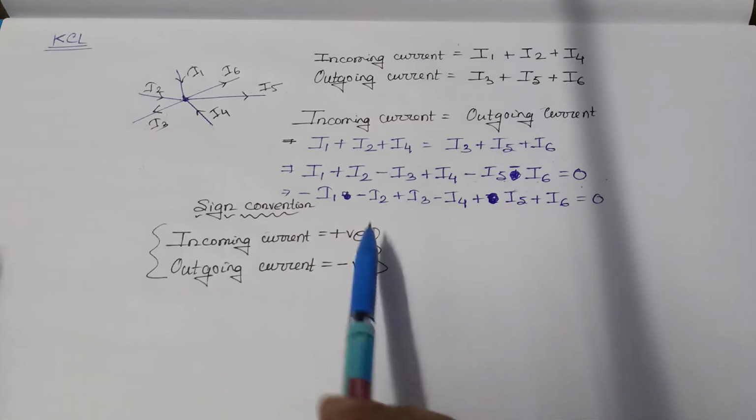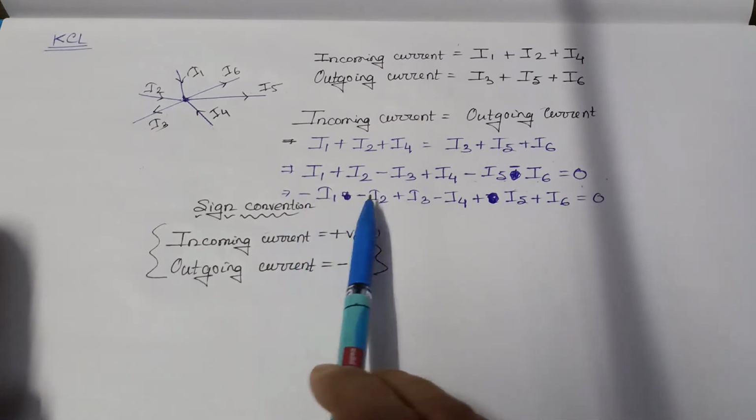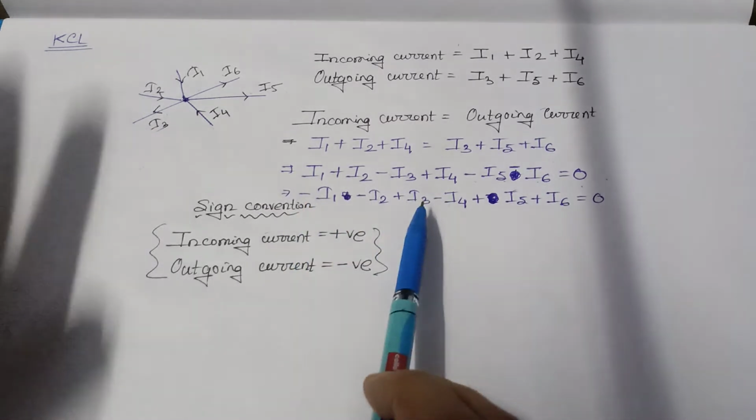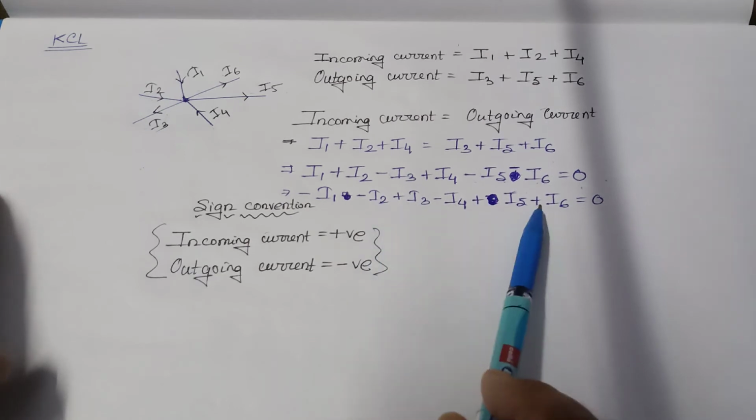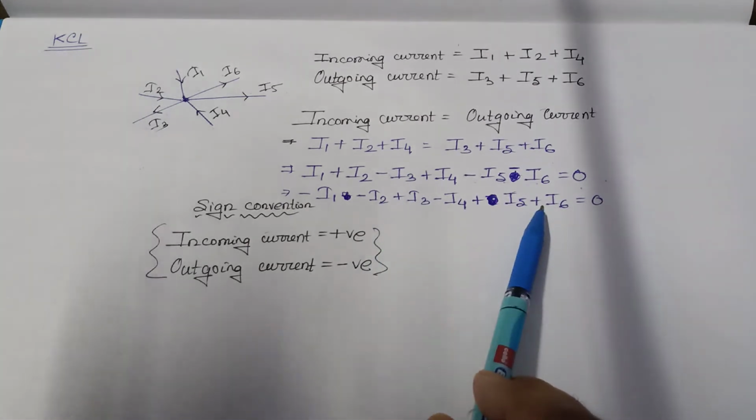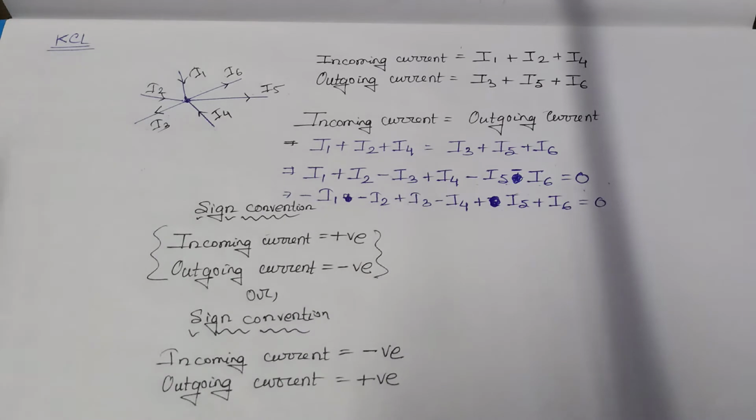Now in this case the incoming currents are negative, and the outgoing currents are positive. So the sign convention may also be incoming current negative and outgoing current positive.